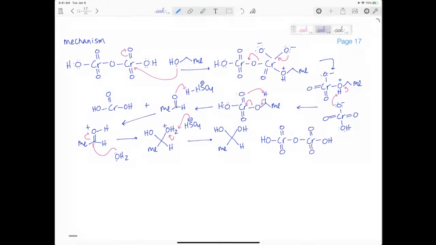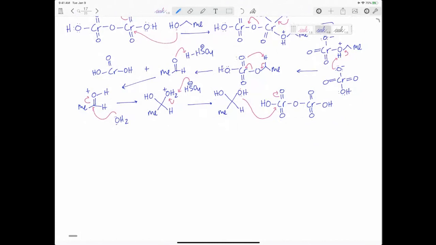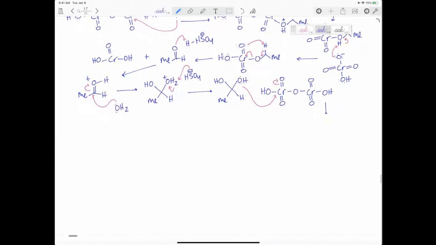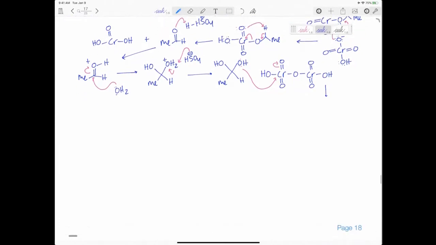Okay, and the same exact thing is going to happen as from before. Any one of the alcohols, it doesn't matter which one you choose, is going to come in and attack the chromium atom and kick off a single bond in there. Then it's going to look like this. I'll try to draw it as clearly as I can. So let me know if you're lost with any part.